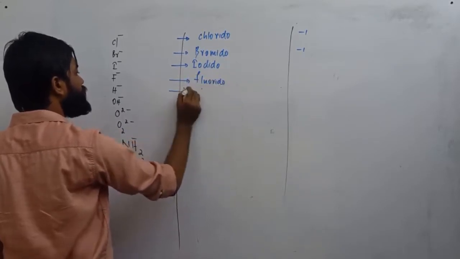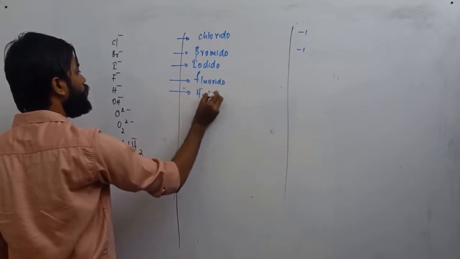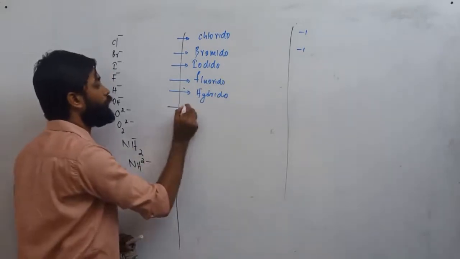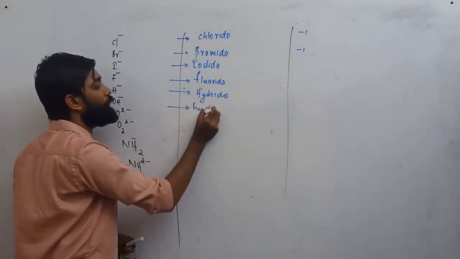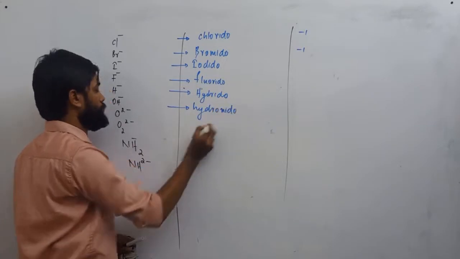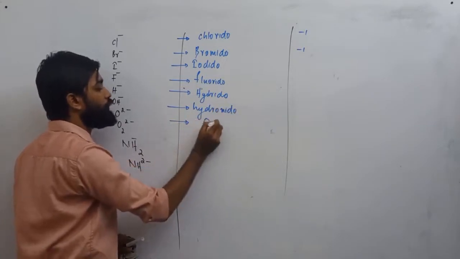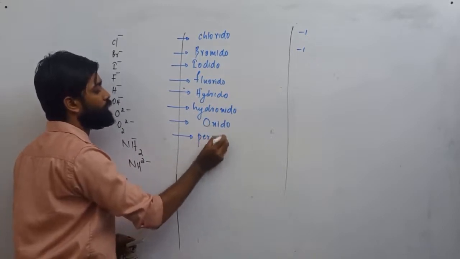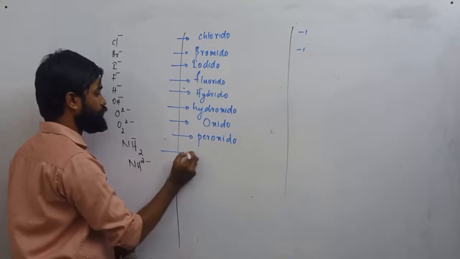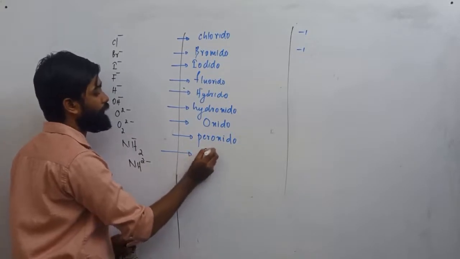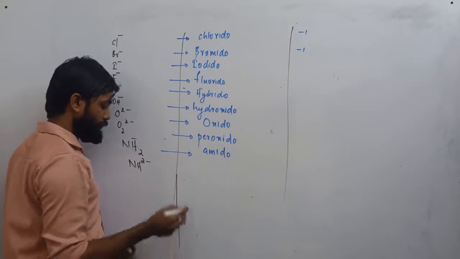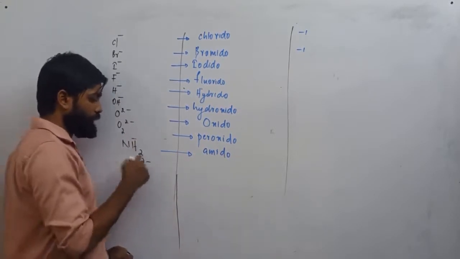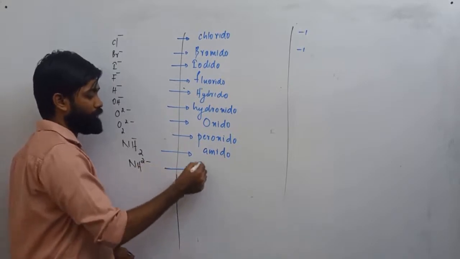H minus, hydrido. OH minus, hydroxido. O2 minus, oxido. O2 2 minus, peroxido. NH2 minus, amido. NH 2 minus, imide ion, so imido.